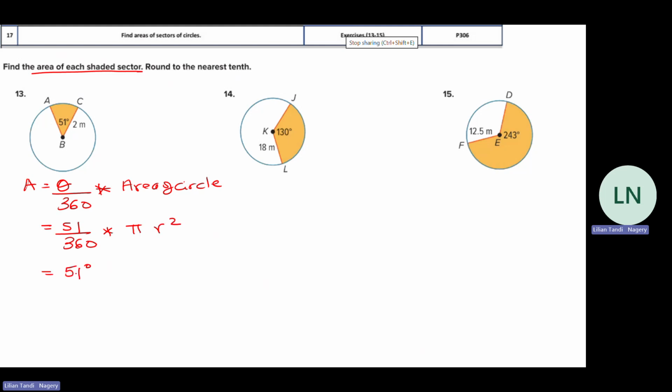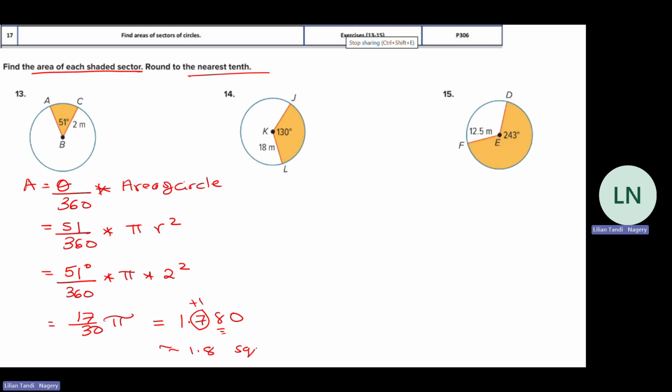So 51 over 360 multiplied by pi multiplied by 2 squared. If I put all this in the calculator, I should get 17 over 30 pi. And this becomes 1.780. I'm rounding to the nearest tenth. I am adding 1, and this should be 1.8 square meters.